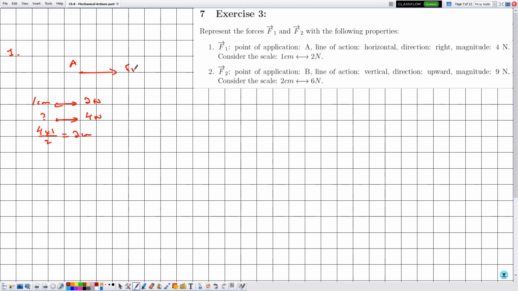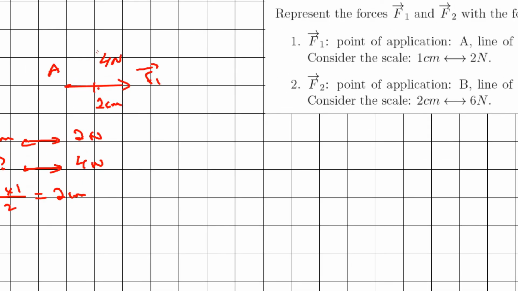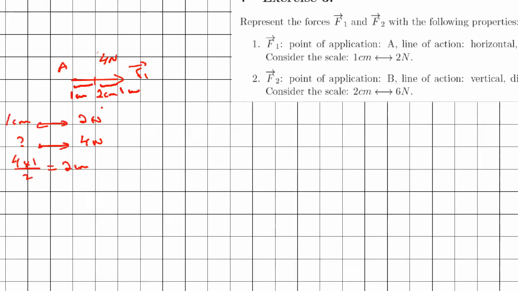What does this mean? That the strength or the magnitude of this force is 4 newtons. So the length of this vector is 2 centimeters, worth 4 newtons. And in the divisions that I have represented, each division is 1 centimeter, and 1 centimeter adds up to 2 centimeters.